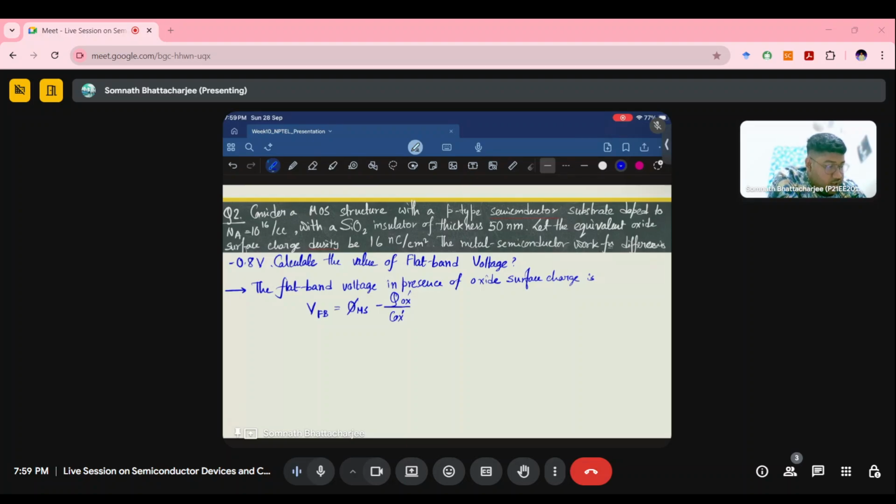So everything is given here. We have to just put the values here. So just put the values and give me the answer.